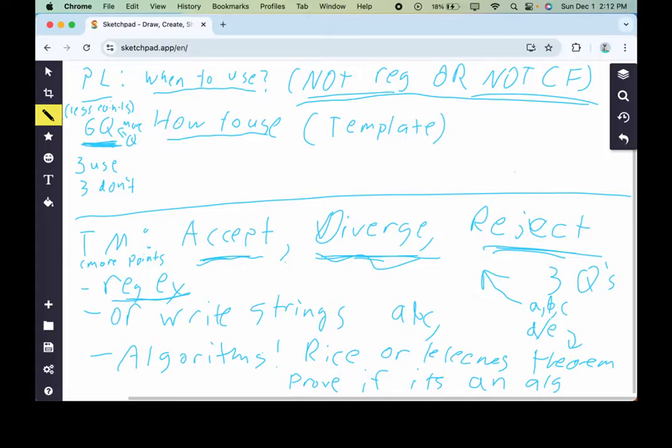And if you're like me who hates pumping lemma, then Turing machines are indeed worth a lot of points. So you can maximize your points. Point of the story: maximize your points with what you're better at. Now, if someone could take a screenshot of this and post it in the chat so people can see, because this is probably going to be the biggest question, what's on the exam.